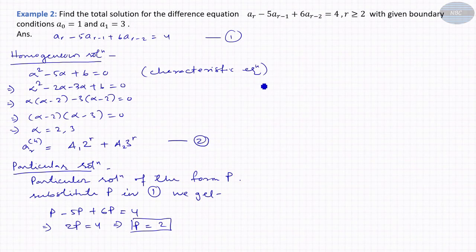Okay. So the particular solution a_r^P is equal to 2. So this is equation number 3.